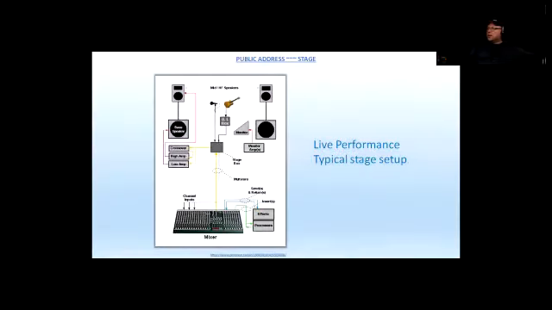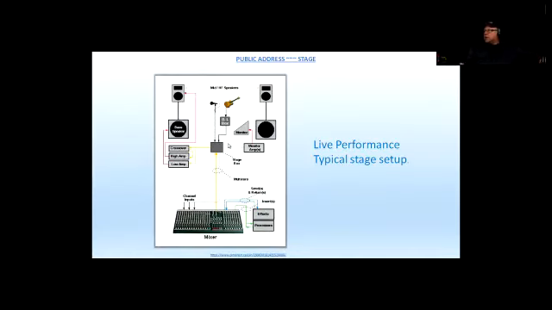Now, what we have here is a typical simplified diagram of a stage gear PA system. My mouse is running on me today. All right, so live performance, typical stage setup. What do we have here?